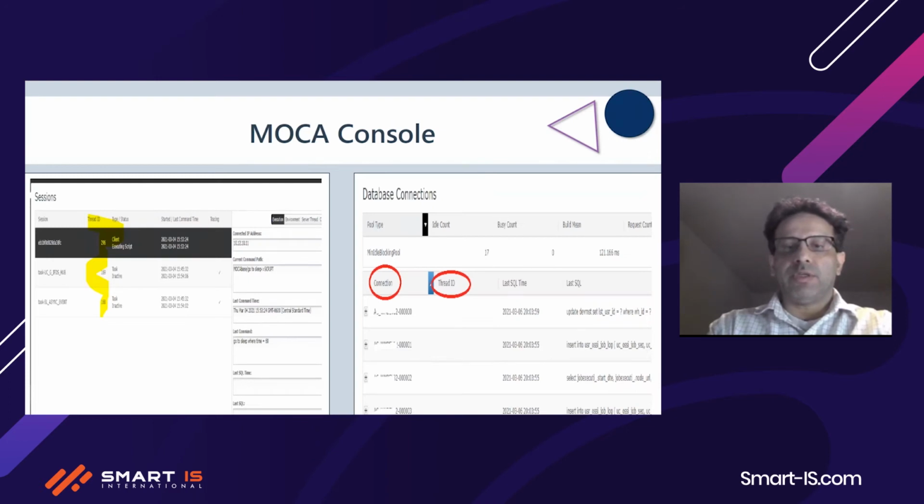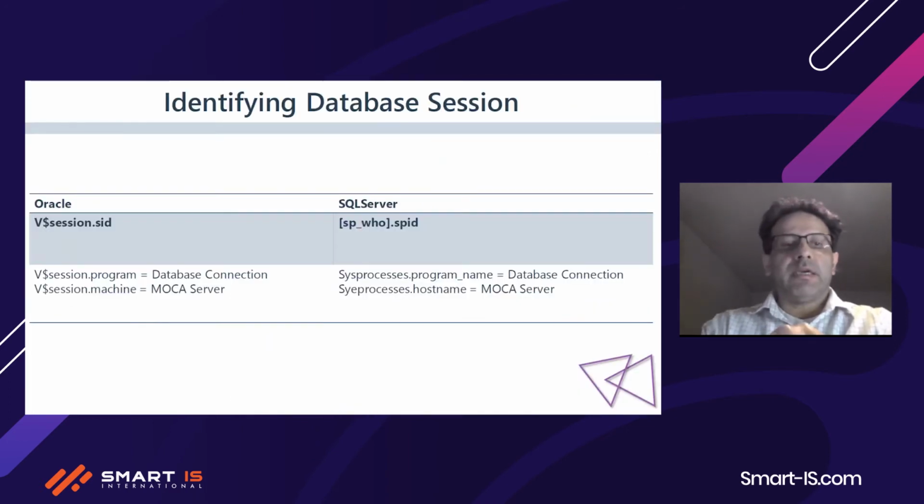The database connection that you are seeing here becomes v$session program. In SQL Server, sys.processes program_name would be that connection. So again, this connection is very crucial in order to identify when things are happening.